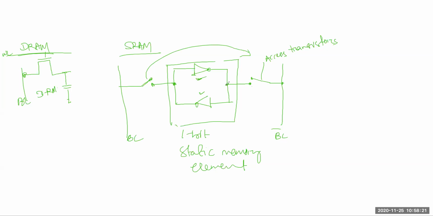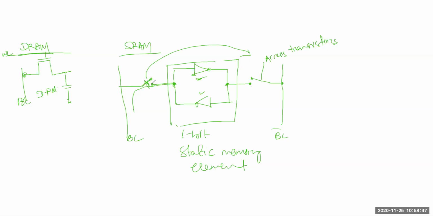If it is 0, it stays 0. When we do the read or write operation, at that time we have to turn on this access transistor, so that we can read this value through this bit line, or we can write something here, or modify this value. That's why it is called an access transistor.